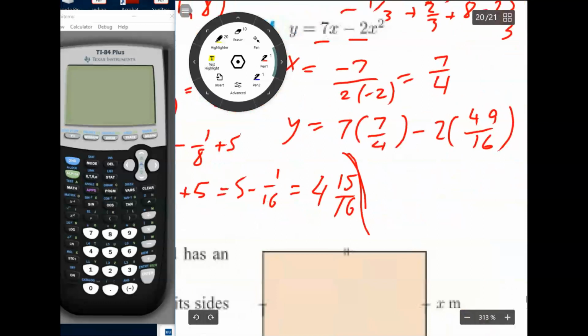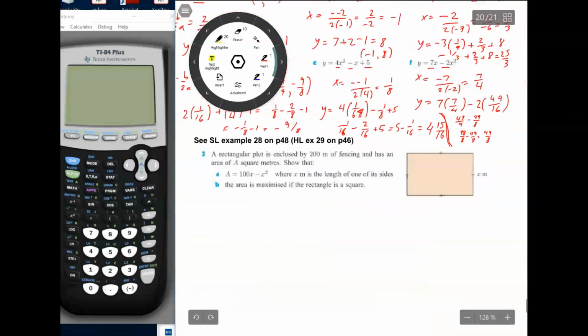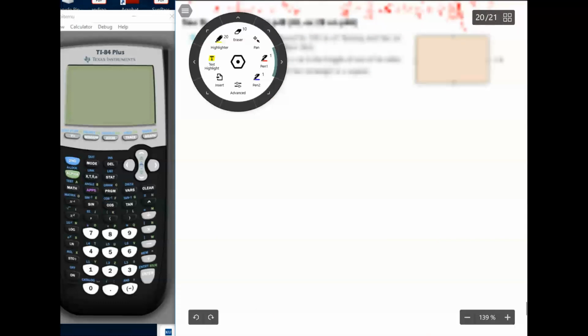So that's going to be 49/4 minus 49/8, which is equal to 98/8 minus 49/8, which is equal to 49/8. So the y value happens to be 49/8.